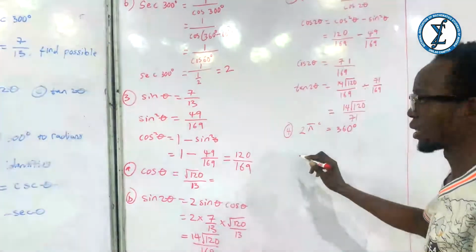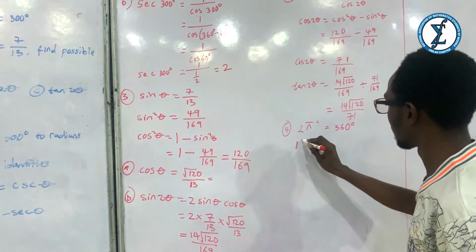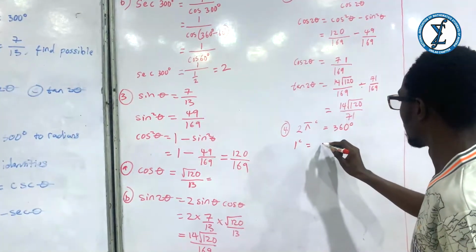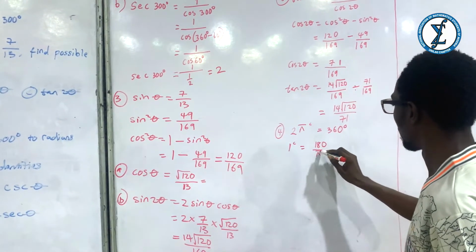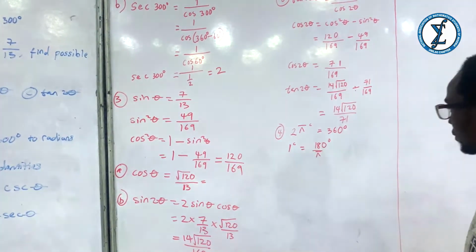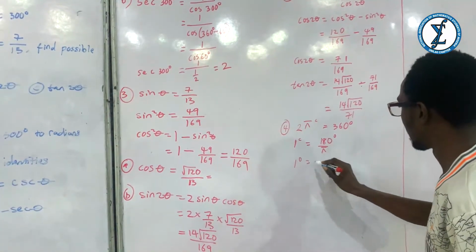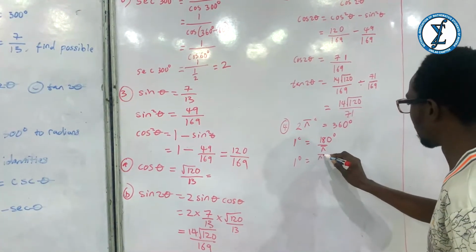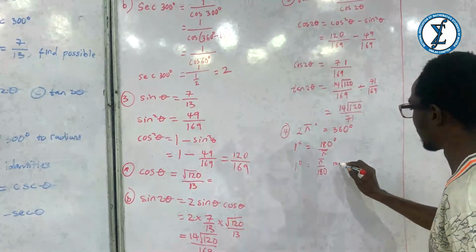So this tells us that 1 radian is equal to 180 over pi degrees, and 1 degree is equal to pi over 180 radians.